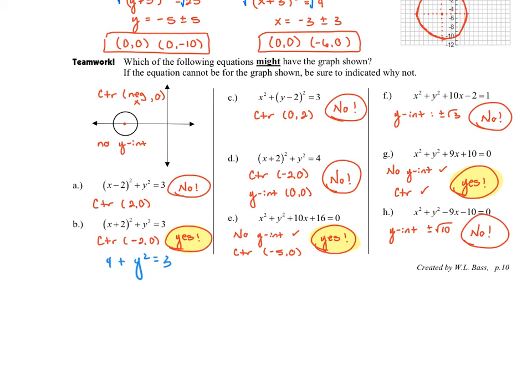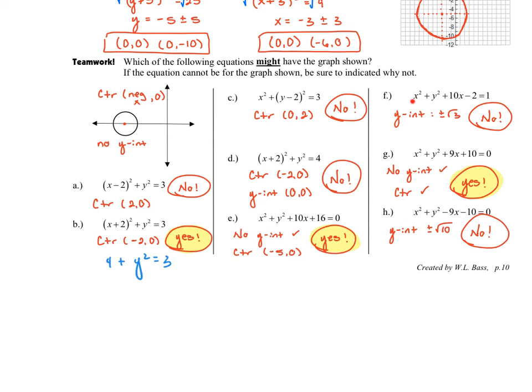So that's okay. But if I actually go to put this in my standard form, my center is at -5, 0, so I get an x-coordinate for the center that's negative, and the y-coordinate is 0, just like I wanted, so this one works.